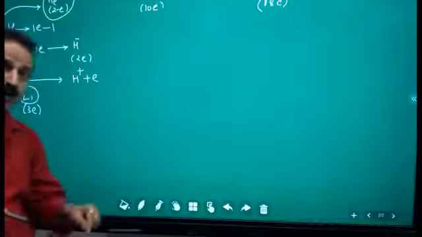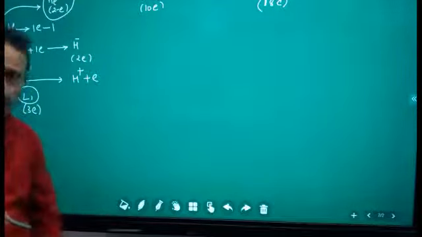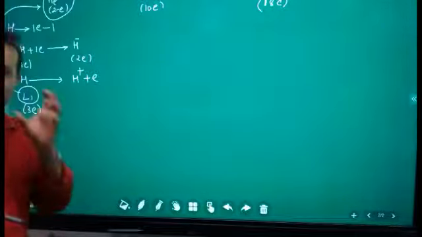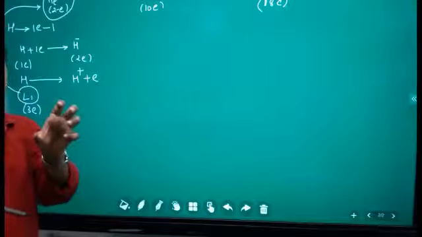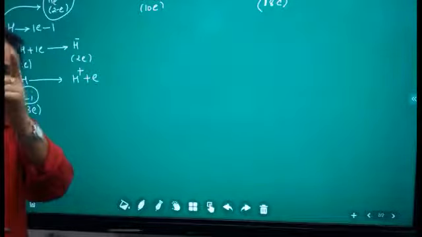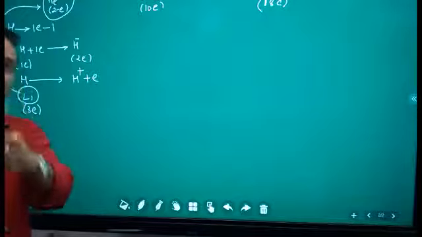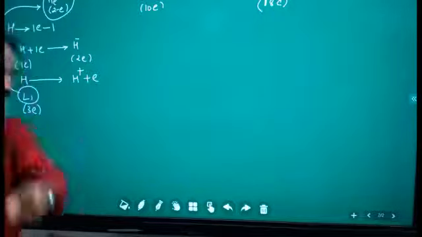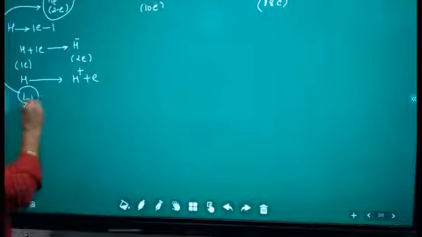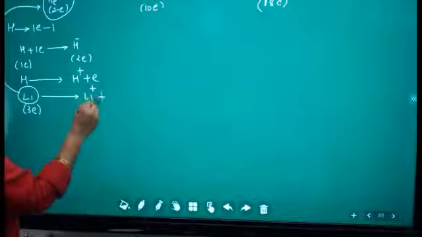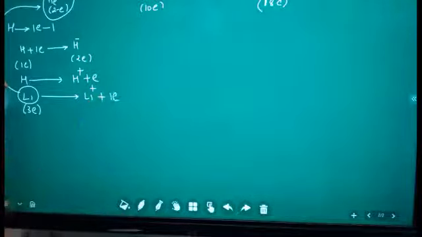To become like helium, lithium should lose 1 electron. So to get the number of electrons equal to helium, lithium will lose 1 electron, become plus 1, and there will be 2 electrons.